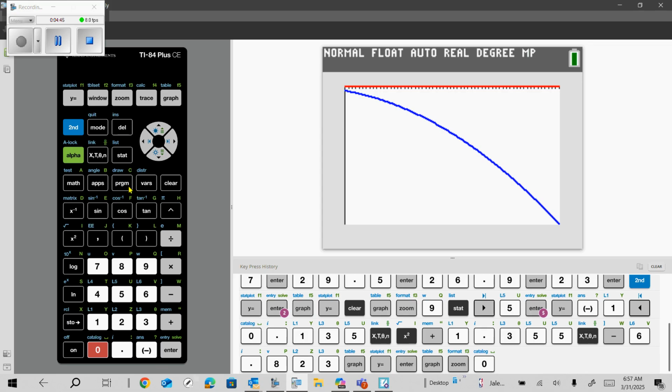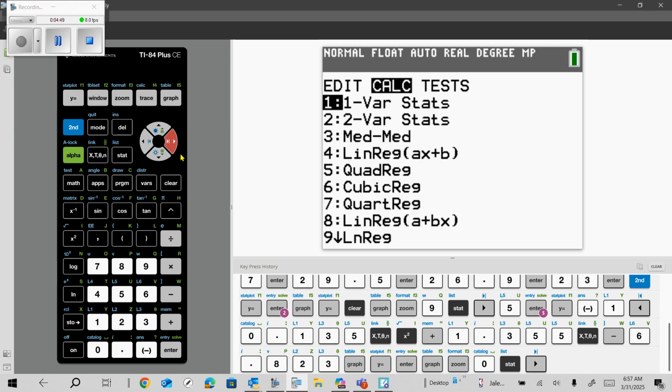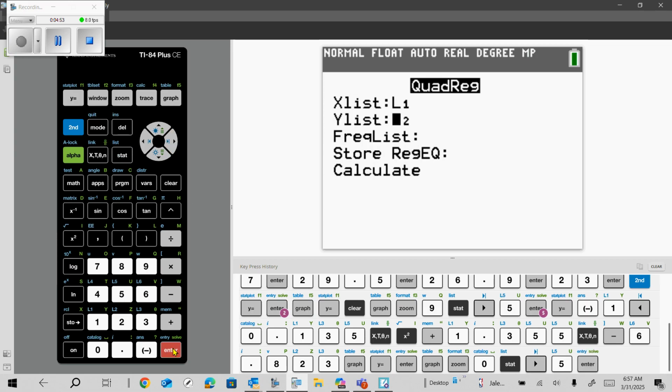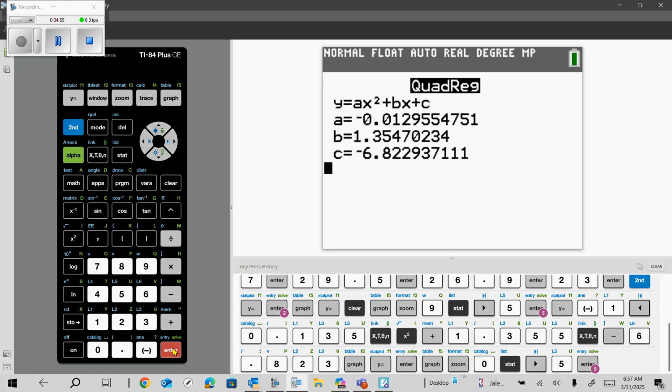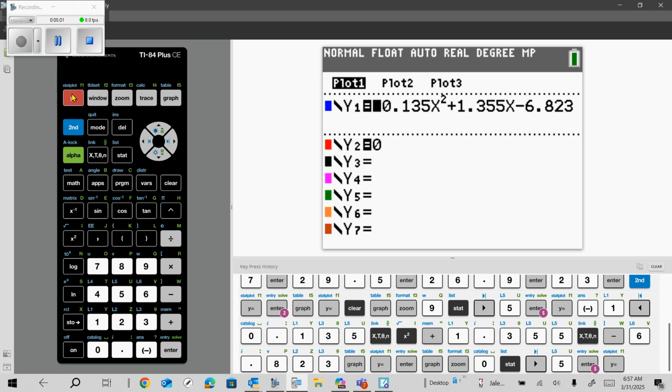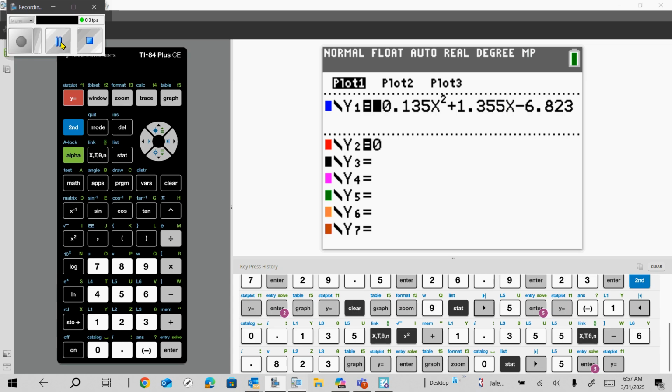I must have typed something wrong. Let me go back to my calculate, quadratic. Right, we're going to have to pause.